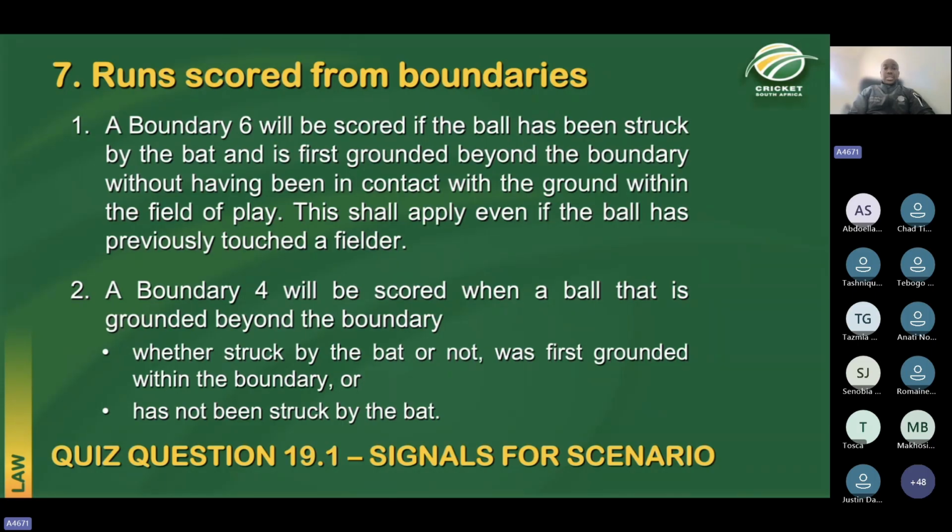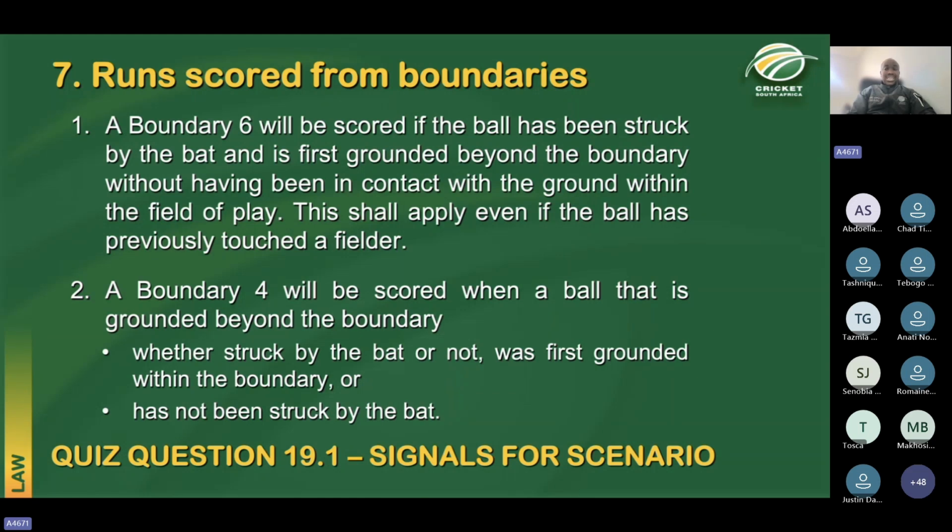Okay. So the definition for boundary 6 and the definition for boundary 4 are in front of you. Now I'm going to give you a scenario where you need to tell me what the umpire is going to signal. Okay, so quiz question 19.1.